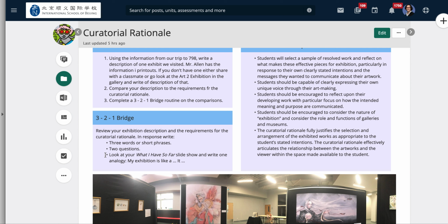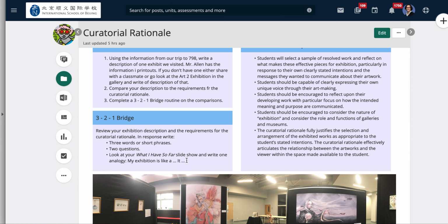Finally, go to that slideshow you created that has all the artwork that might be in your exhibition, and write one analogy about the exhibition. An analogy means you're comparing it to something else. So my exhibition is like a something, and then justify it: it has something.